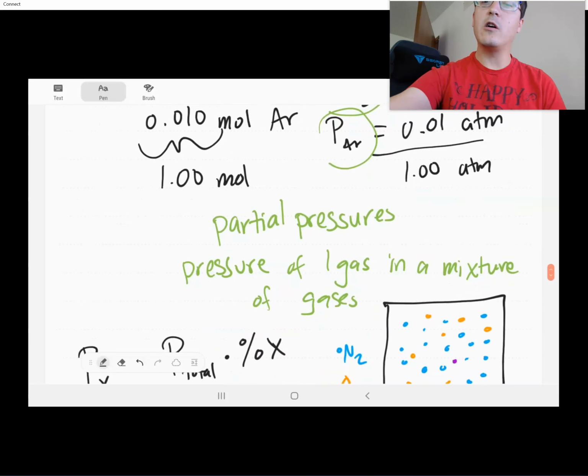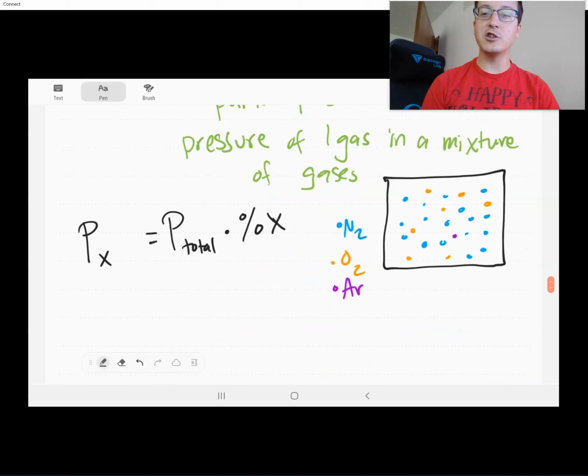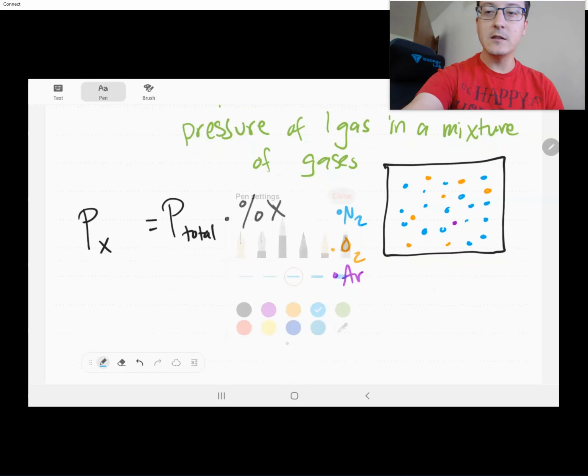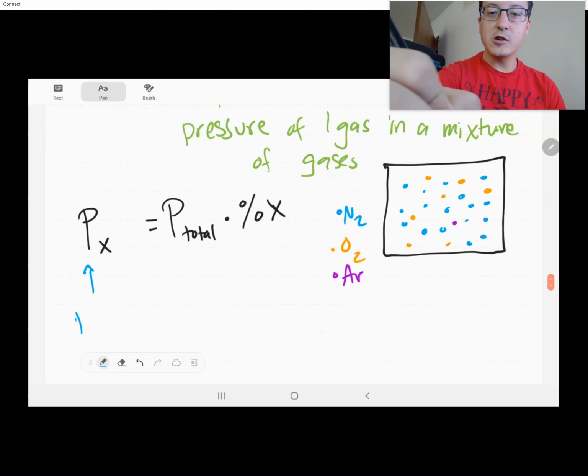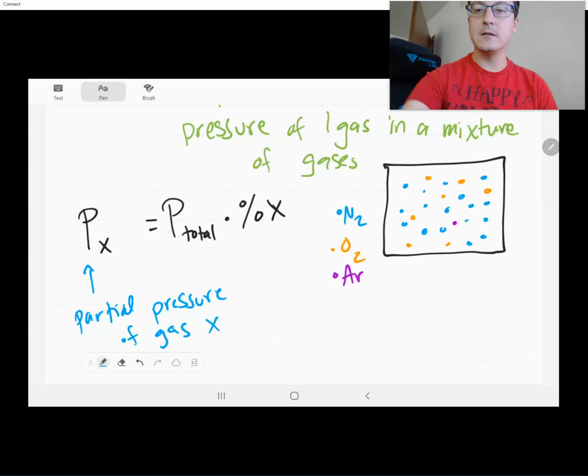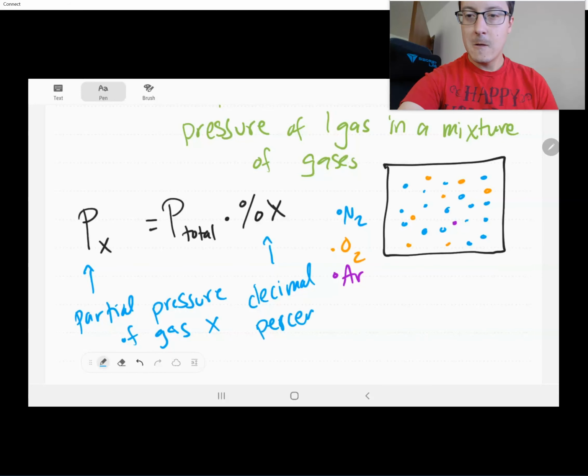Okay, so all we have to do, if we want to find the partial pressure of the gas, let me go ahead and label these for you guys. Partial pressure of gas X, and that is the decimal percent of X in the mixture.